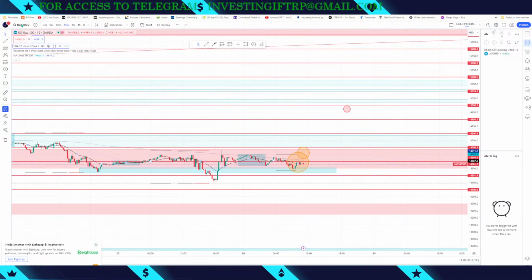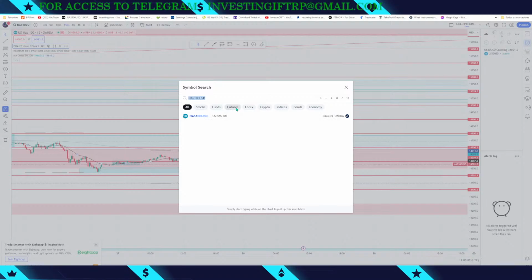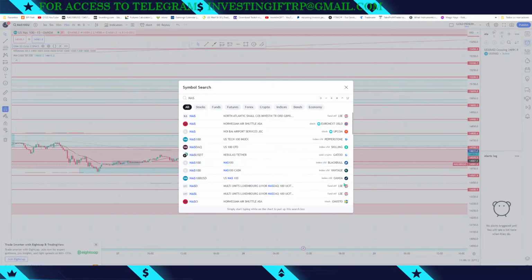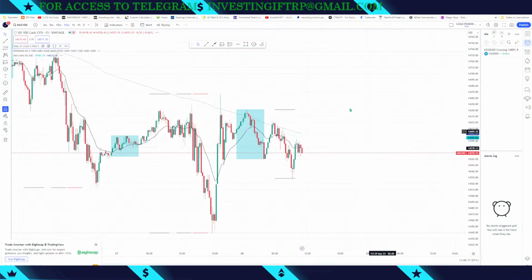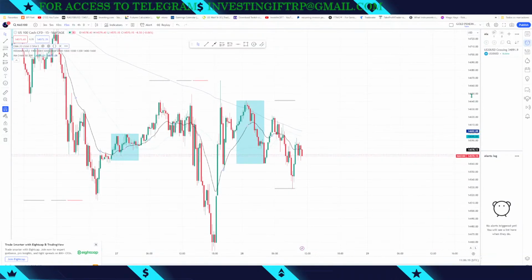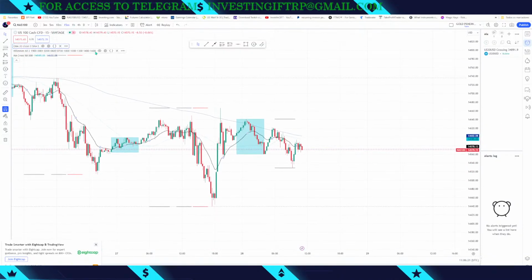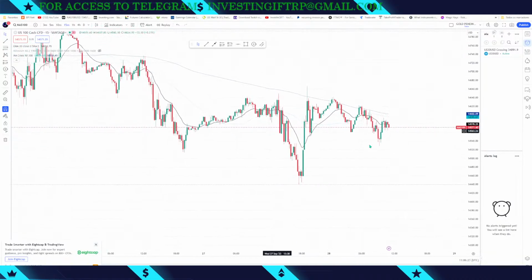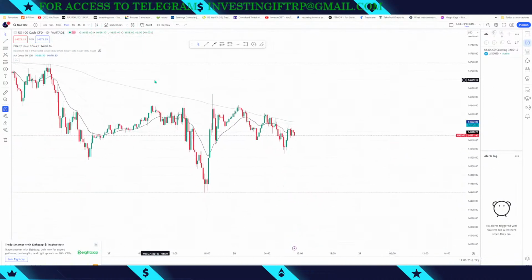I'm going to use a different chart so we can start from the beginning. All right, so black line is 20 EMA. 50 MA is the light blue, and the dark blue is a 200 MA.